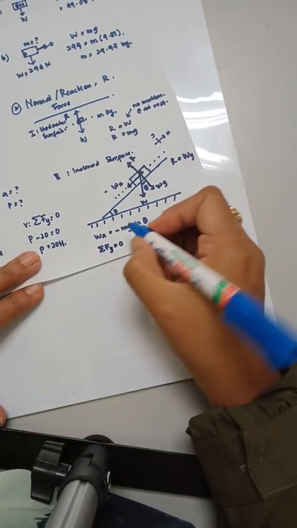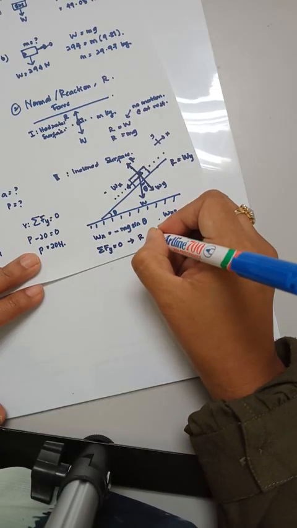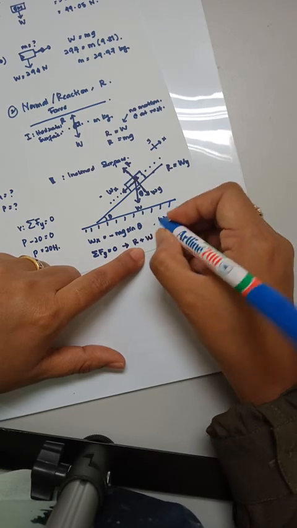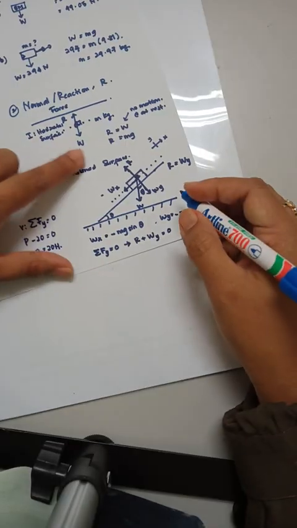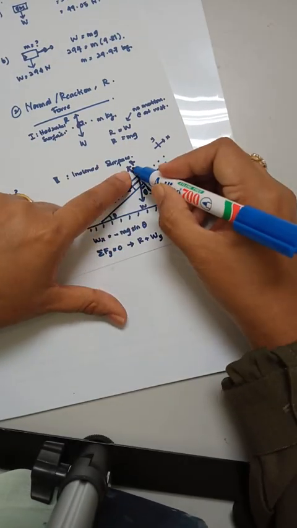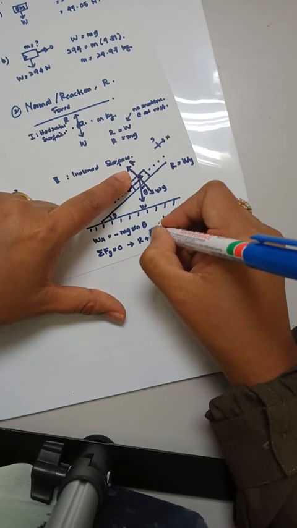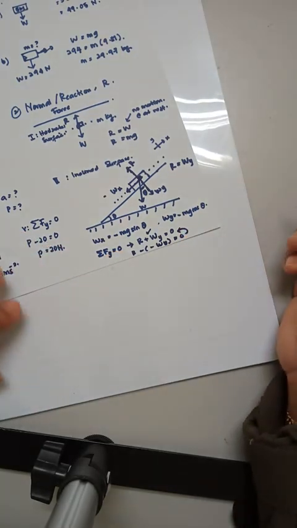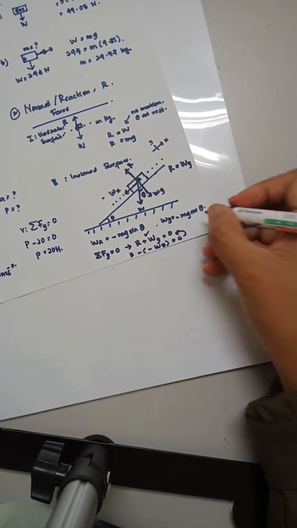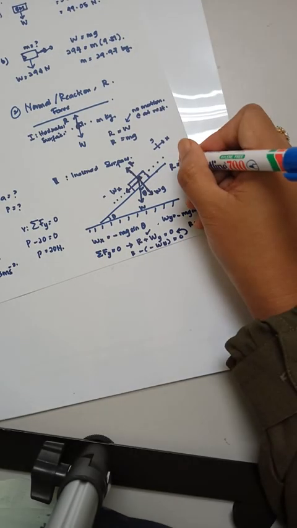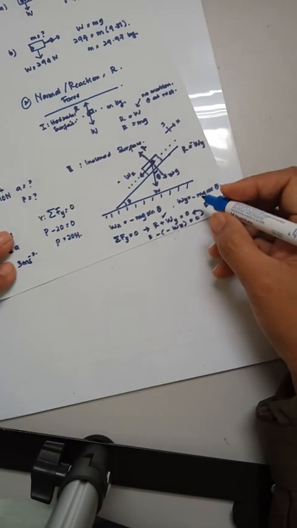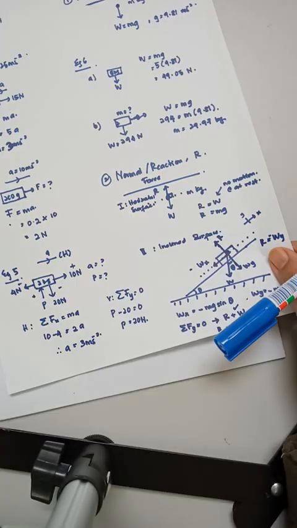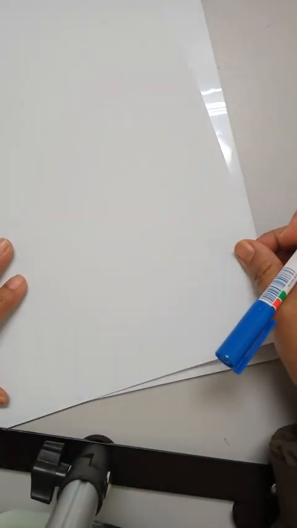Why plus? Because WY is negative. R minus negative WY equals zero. So R will be equal to negative WY, sorry, so R takes mg cos theta, positive. Then I will show you example 8.